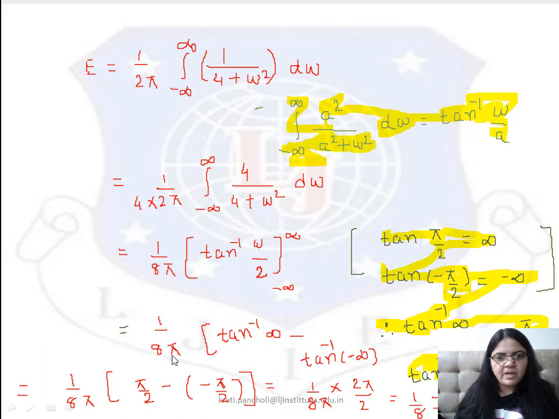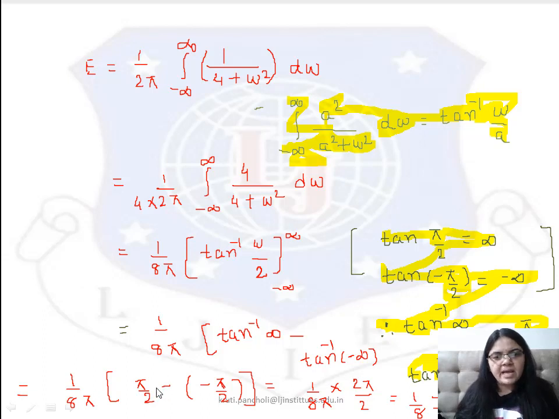So it is 1 upon 8 pi times tan inverse infinity minus tan inverse minus infinity. But what is tan inverse infinity? It's pi by 2, minus tan inverse minus infinity, which is minus pi by 2. So it is equal to 1 upon 8 pi.